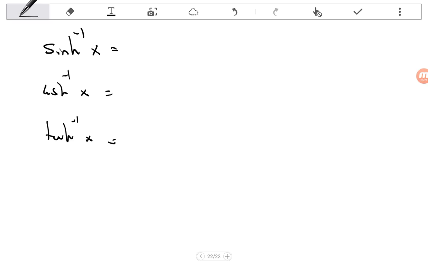So their inverse will just be expressed by the inverse of the exponential, which is just the ln.